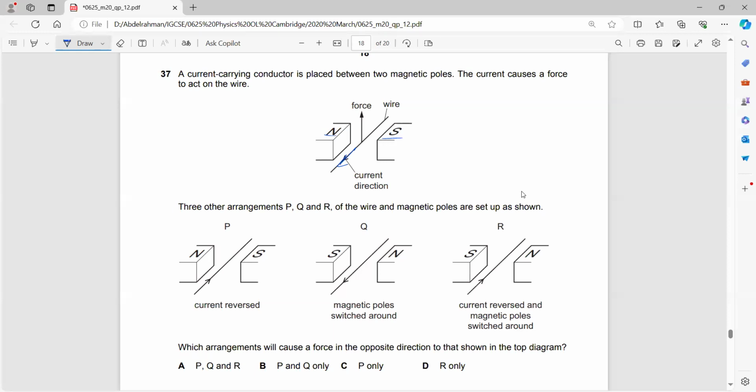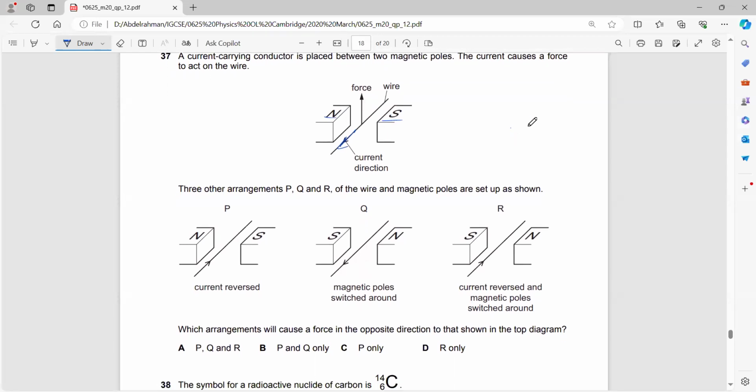The force on the wire is upwards, so this wire is moving upwards in this case. Which arrangements would cause a force in the opposite direction?